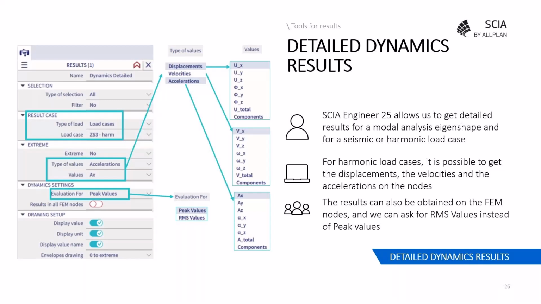accelerations on the nodes. These results can be obtained on regular nodes, and they can also be obtained on FEM nodes. And we can ask for RMS values instead of peak values.